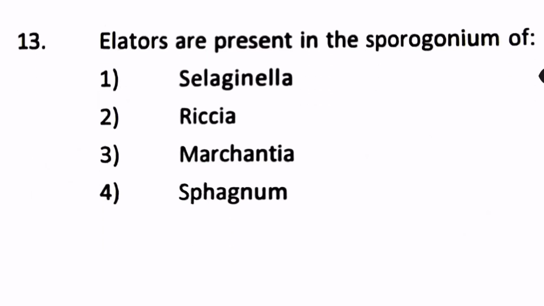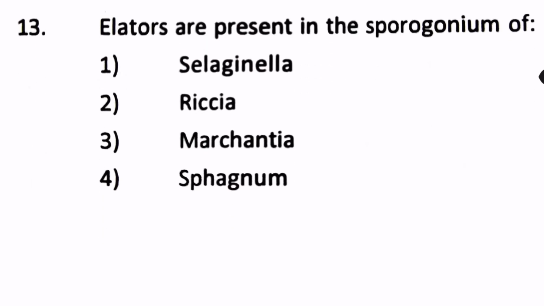Next, elaters are present in the sporogonium of: is it Selaginella, Riccia, Marchantia, Sphagnum? Riccia is the most primitive and will not have the elaters. And Selaginella is a fern we are talking about here, so it's also not the answer. Marchantia or Sphagnum. Marchantia does have elaters, which form at the last stage of the sporophytic stage, after the spore mother cells.